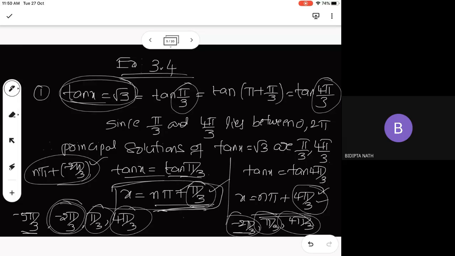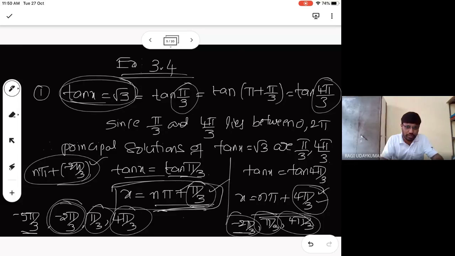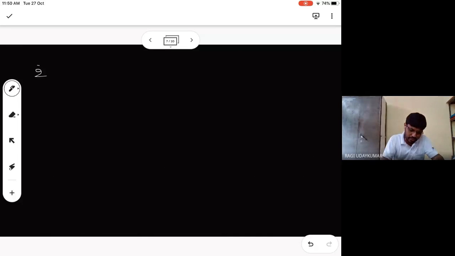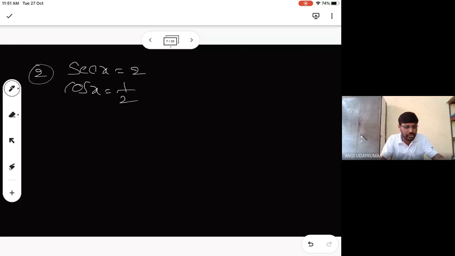Second question. What is given to you: sec x is equal to 2. sec x = 2 is nothing but cos x = 1/2. I think you can do it.